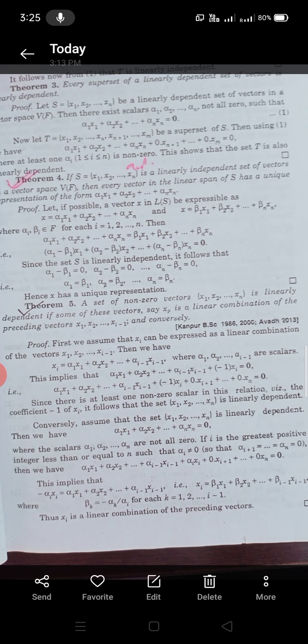This implies that −αixi = α1x1 + α2x2 + and so on + αi−1xi−1, that is xi = β1x1 + β2x2 + and so on βi−1xi−1, where βk = −αk/αi for each k = 1, 2, 3 and so on i−1. Thus xi is a linear combination of its preceding vectors.